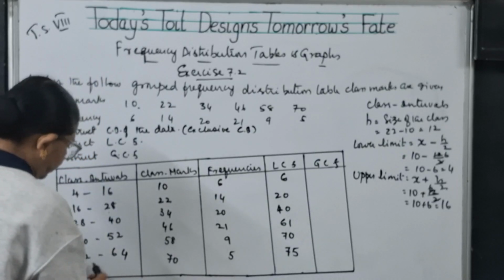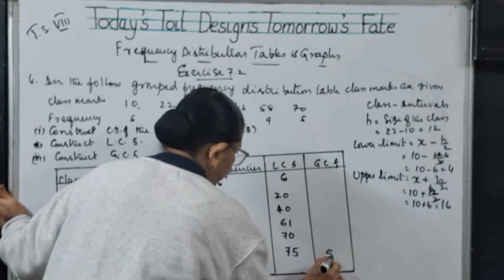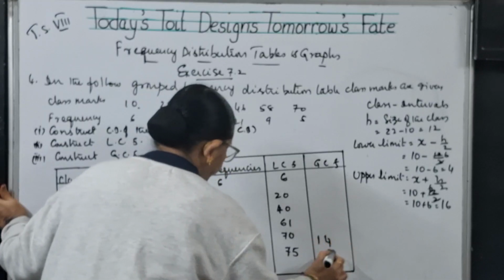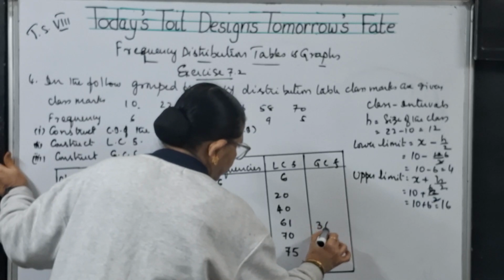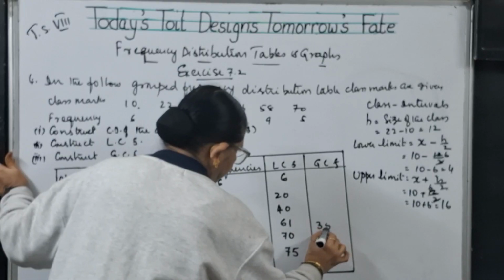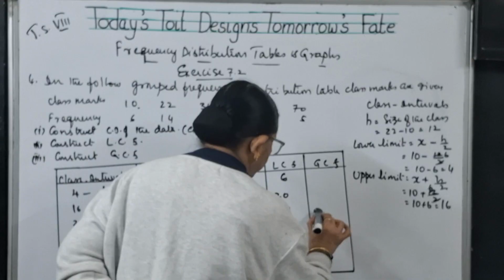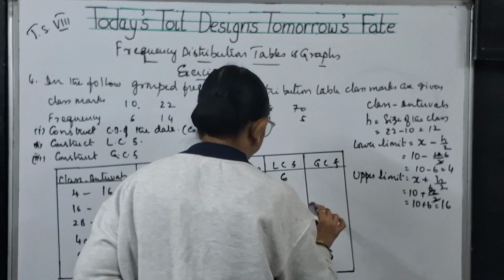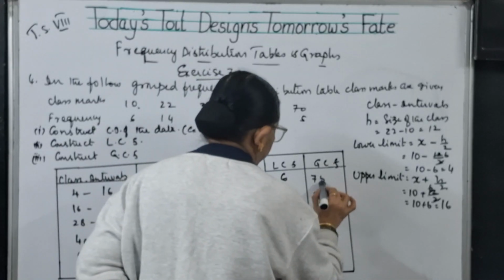Now greater than cumulative frequency should start with the greater value, that is 5 here, and 5 plus 9, 14, 14 plus 21, 35. 35 plus 20, 55. 55 plus 14, 69. 69 plus 6, 75.